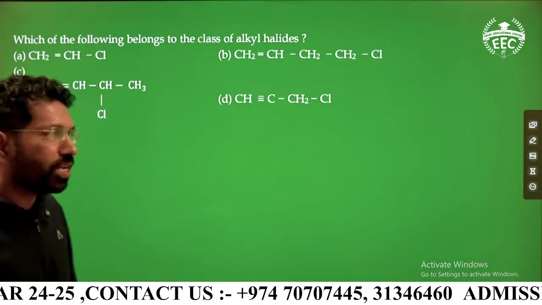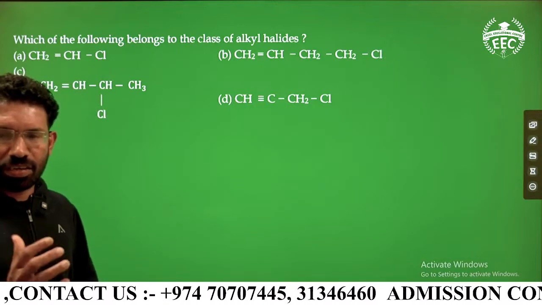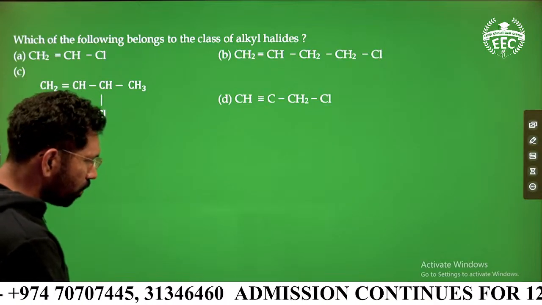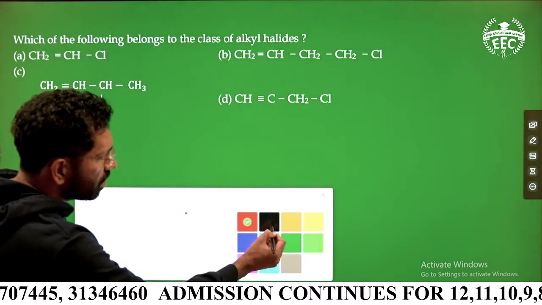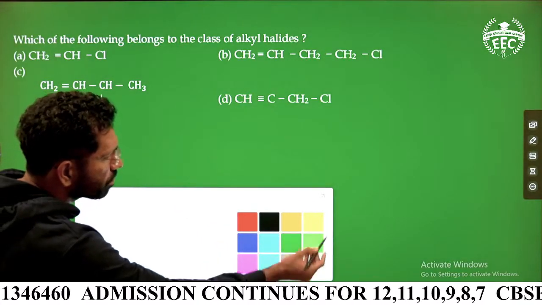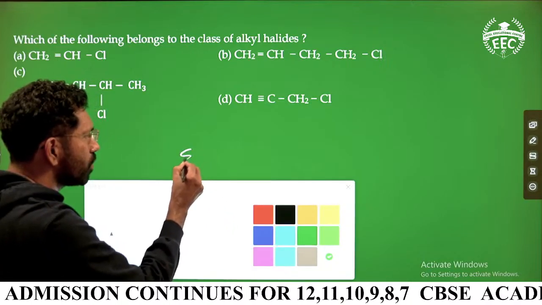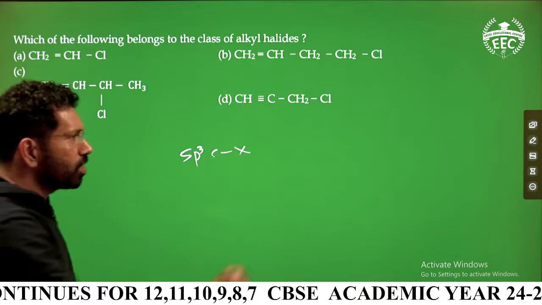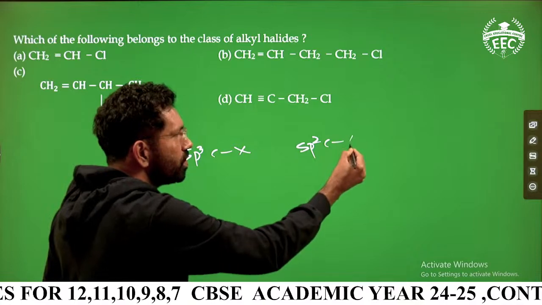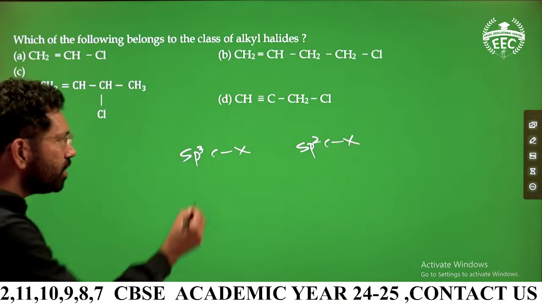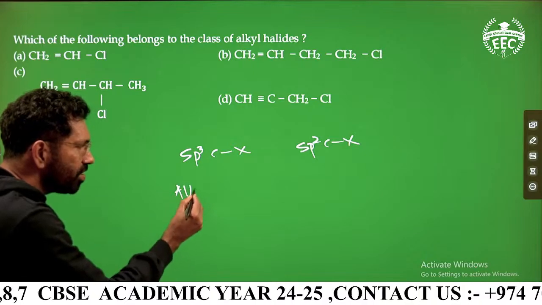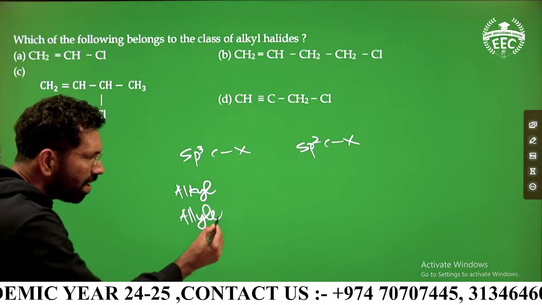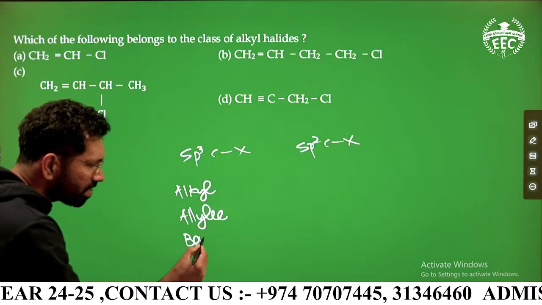We know that alkyl halides, halogen compounds, are classified into different categories: compounds containing sp3 C-X bonds, and compounds containing sp2 C-X bonds. In the sp3 C-X bond class you have alkyl halide, then allylic halide, then benzylic halide.